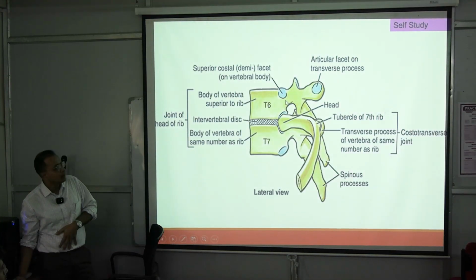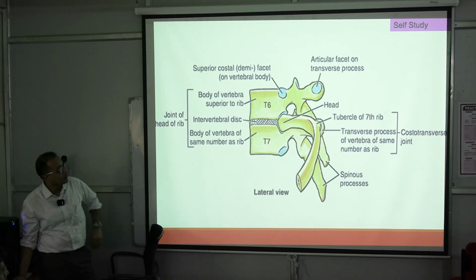Between the bodies of the vertebrae we have this cartilage, which we call the intervertebral disc, and this is how these ribs are attached to it. See this head of the rib, which is anchored to the vertebra above and the vertebra below. So the same number: this is rib number 7, which attaches to T7, and the upper facet attaches to the vertebra above.